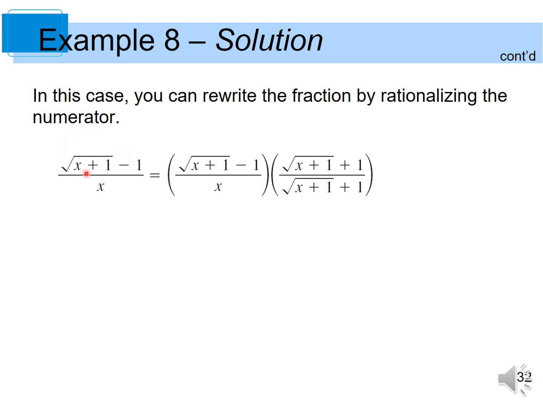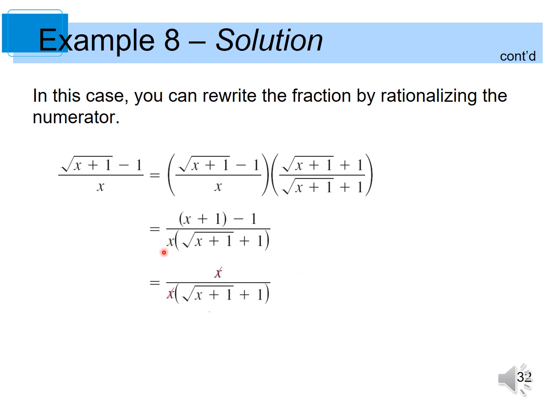Our numerator is radical x plus 1 minus 1. So the conjugate of this part is radical x plus 1 plus 1. So we multiply the conjugate for the numerator and for the denominator as well. After we multiply, we have x plus 1 minus 1 over x times radical x plus 1 plus 1.